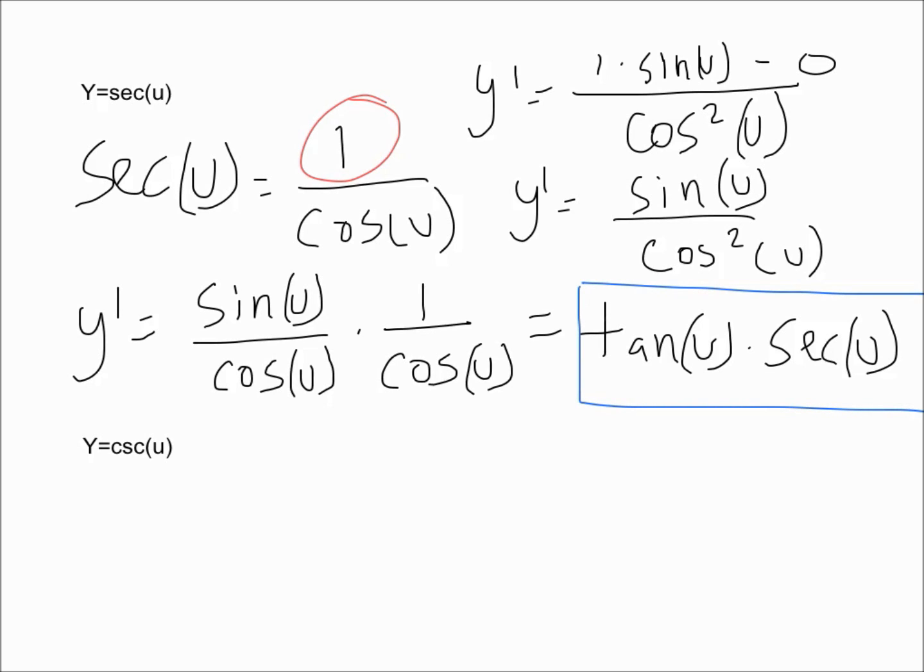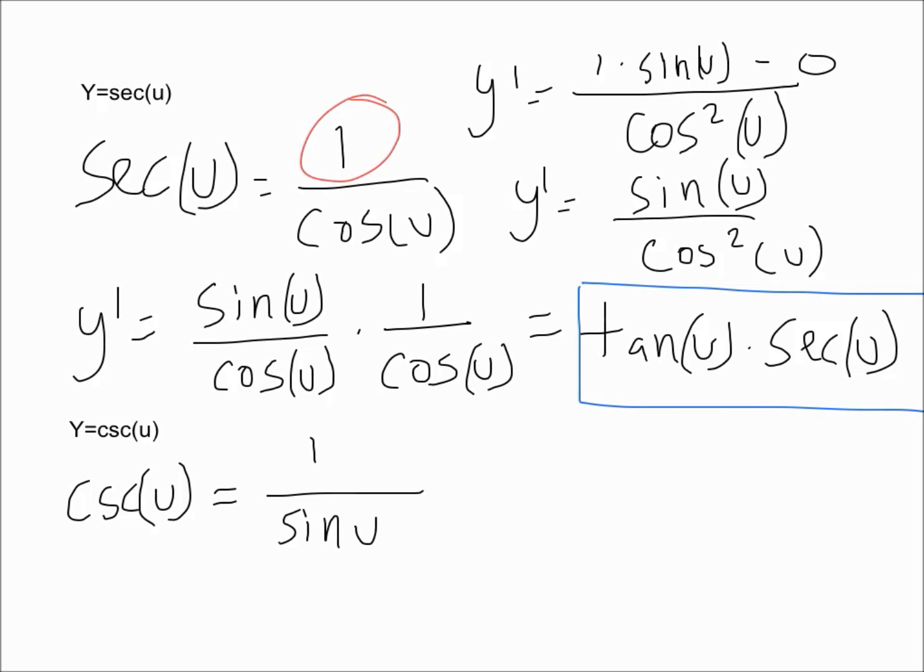For the cosecant of u, it represents 1 over sine of u. Again, same procedure, quotient rule.